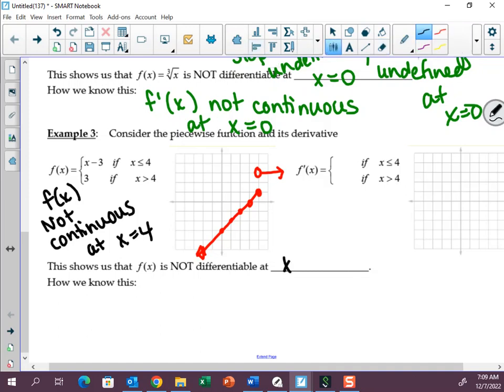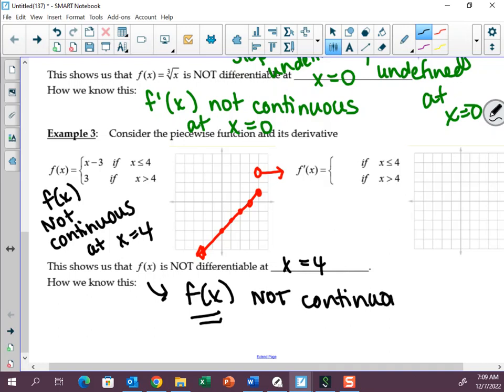And the underlying reason is that f of x itself is not continuous. If we don't have continuity, we can't have a derivative. If we don't have continuity at a point, we can't have a derivative at the point.